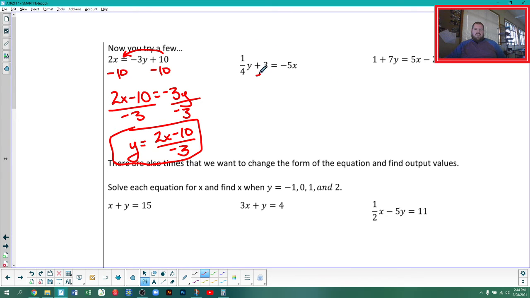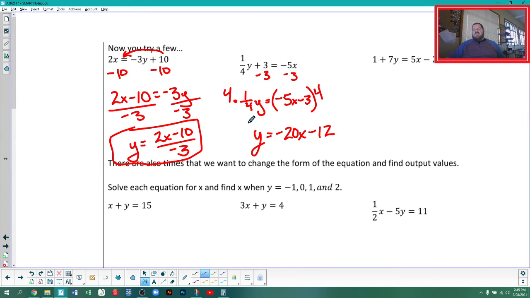This one, we want to subtract 3 on both sides. So we get 1/4 y is equal to -5x minus 3. And then actually, we can take this a little bit farther. I'm going to multiply this side by 4, and I'm going to multiply this whole side by 4. I'm actually going to distribute that one because it would make it look kind of nice. -5 times 4 is -20x's. -3 times 4 is -12.